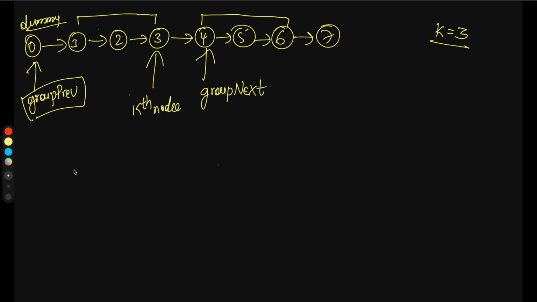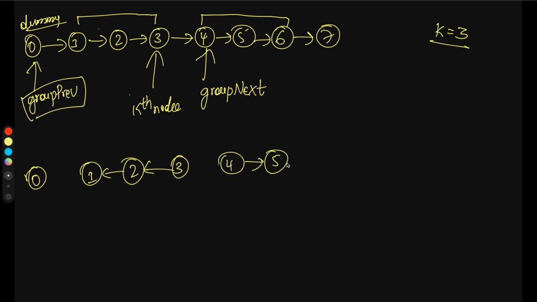Once I know these pointers, I'm going to reverse the links. So 0 will be here, then 1, 2 and 3. I'm going to reverse these links and write the output after the first iteration. The same process will continue for the other nodes as well.